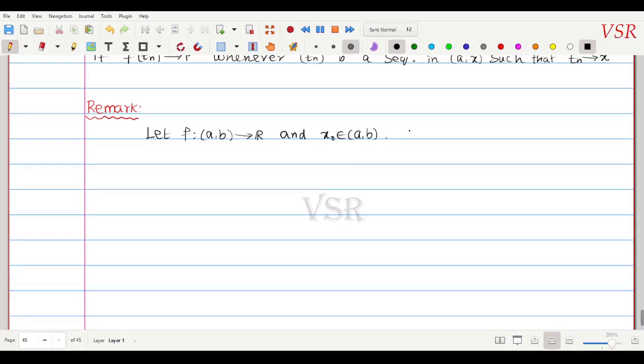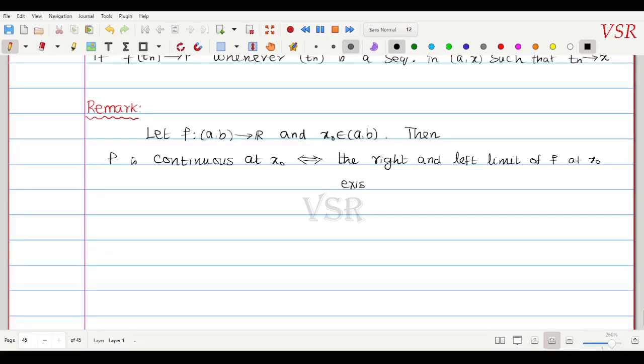Then f is continuous at x naught if and only if the right limit and the left limit of f at x naught exist, and f of x naught plus, the right limit, is equal to f of x naught minus, the left limit, which is equal to f of x naught.